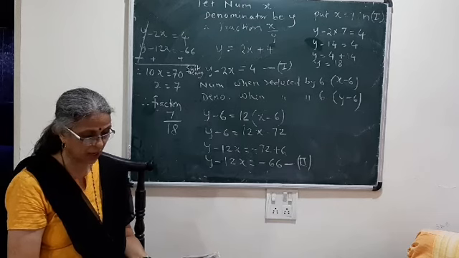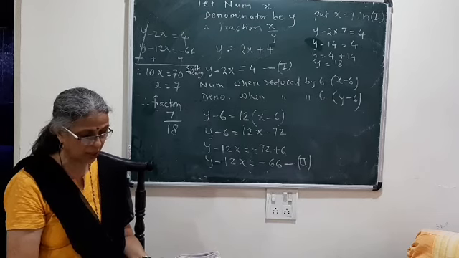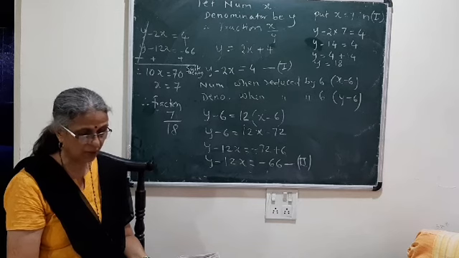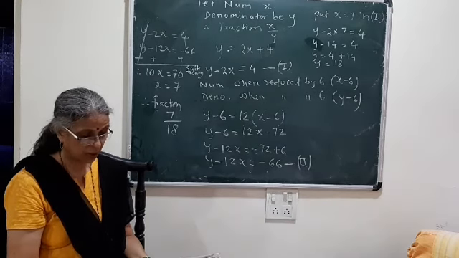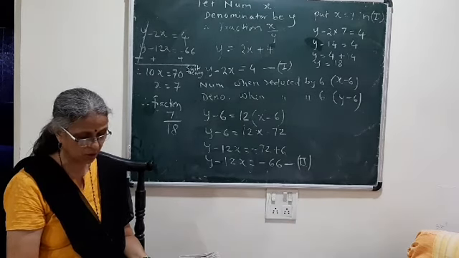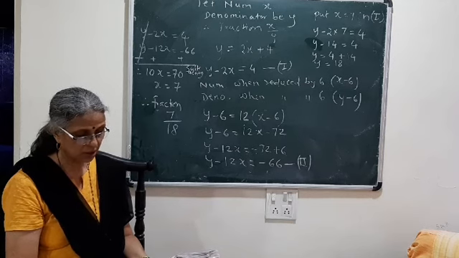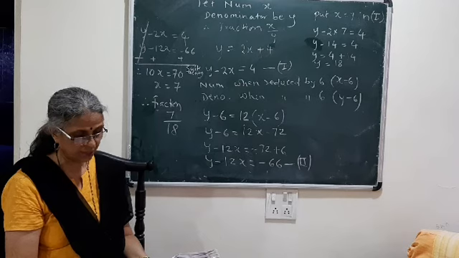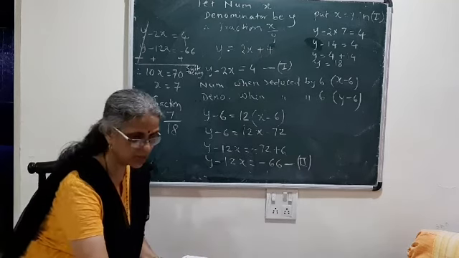So here we are having two types of boxes, type A and type B, and they have asked you the weight of type A box and type B box. So we are going to consider the A type box weight x kg and B type box weight y kg. That is the assumption we are going to make.